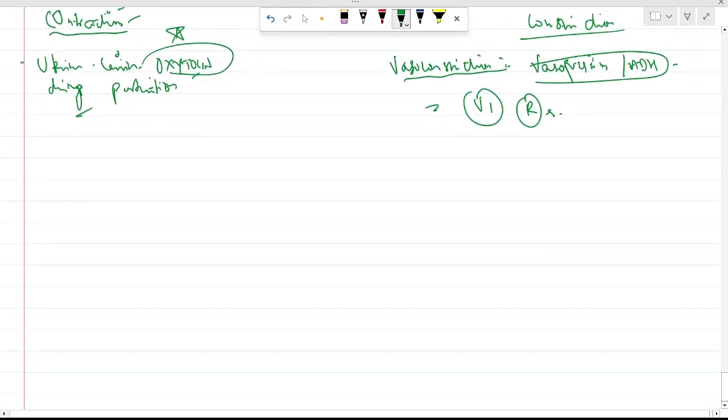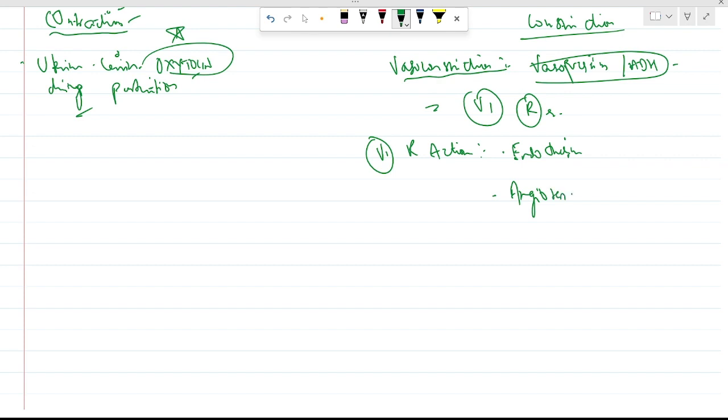I'm going to see some V1 receptor actions, which other hormones also act with this V1 receptor. First is endothelin. Endothelin is considered as one of the most powerful vasoconstrictors. Second is angiotensin.